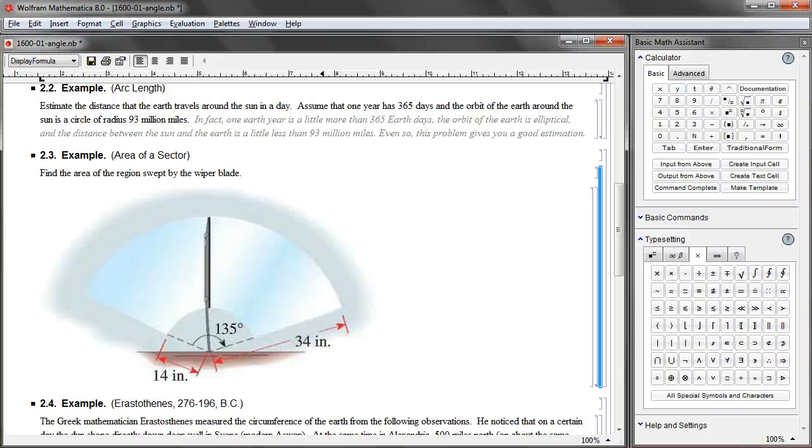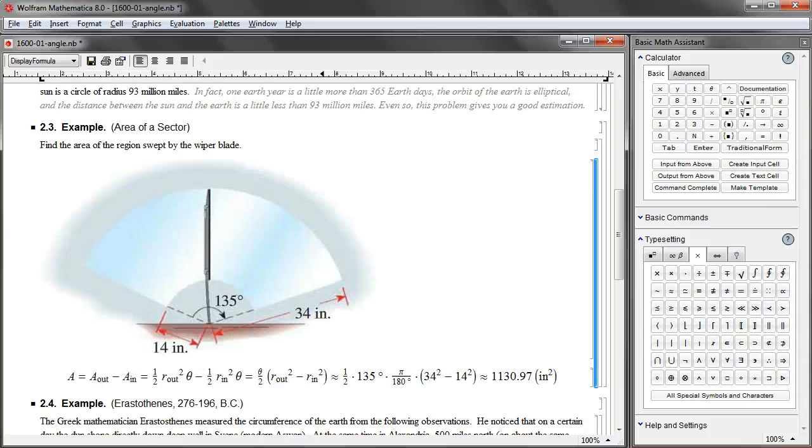So we'll have to calculate the area of the large sector and the area of the smaller sector and subtract one from the other. Here goes the strategy. Area is the area of the outside minus the area of the inside: area for 34 inches minus area for 14 inches. So 1/2 r squared theta for 34 inches minus 1/2 r squared theta for 14 inches.